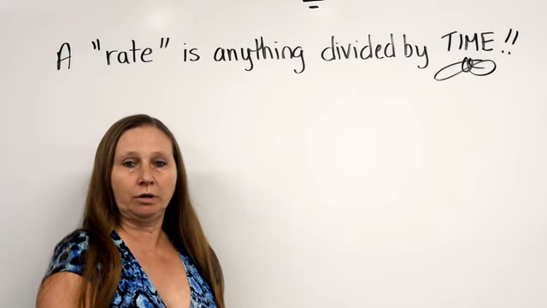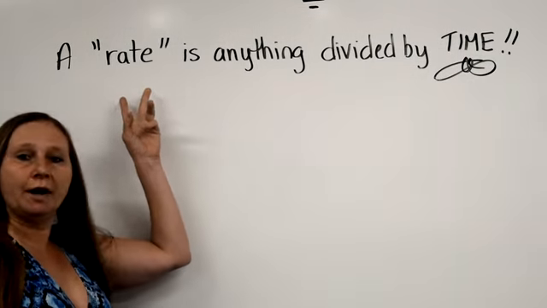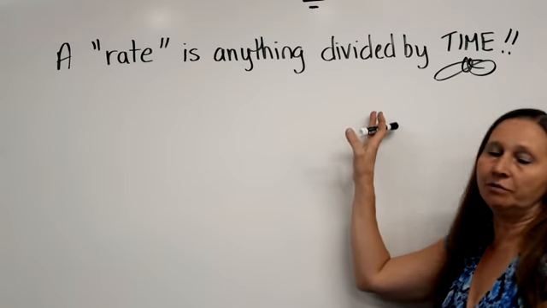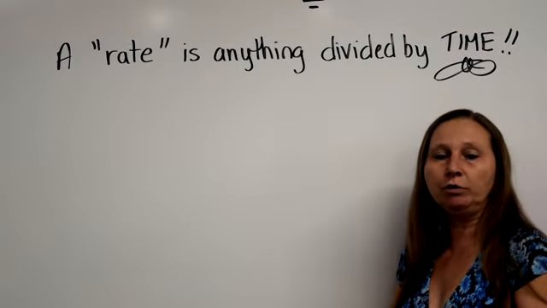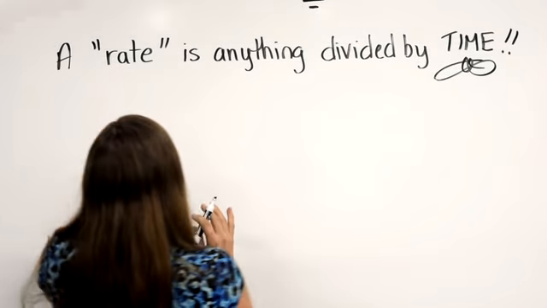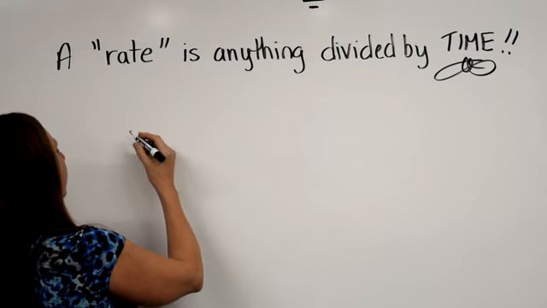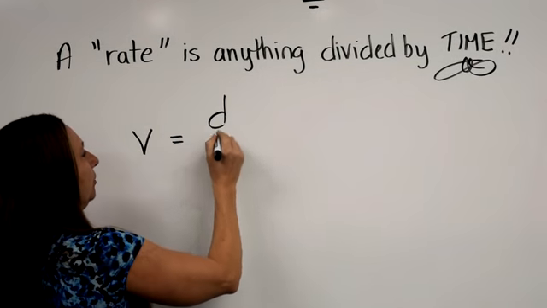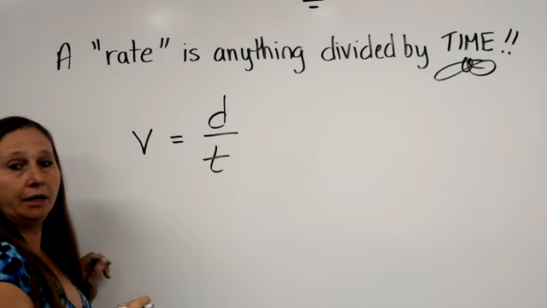It's very important that when you see the word rate, you understand that it is anything that is divided by time. Now, both velocity and acceleration are rates. Let's look very quickly at an example of an equation for velocity. All right, velocity, I'm going to put displacement divided by time.